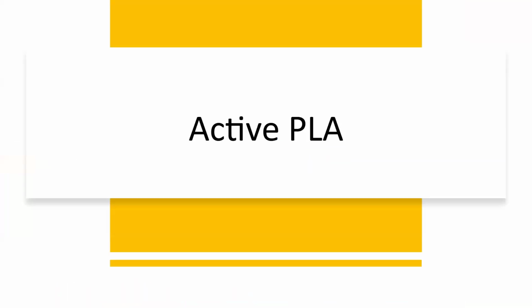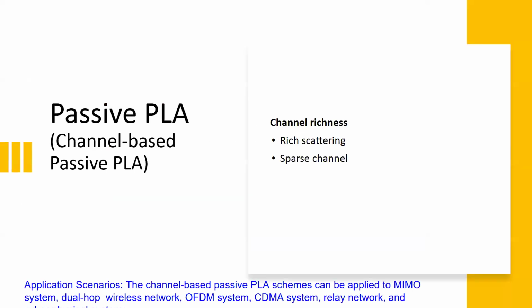Now, this is all we have to say about passive physical layer security, which has two types, the channel-based and the hardware-based, and the features we can extract from them. Of course, this requires deep knowledge in the wireless channel, which is a topic by itself.